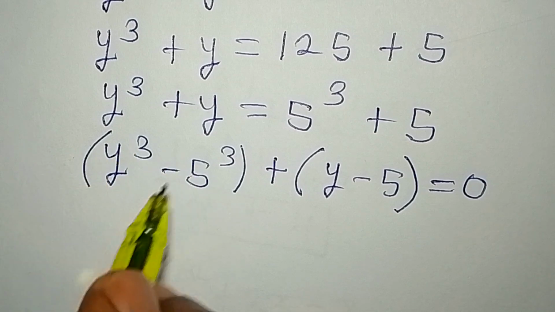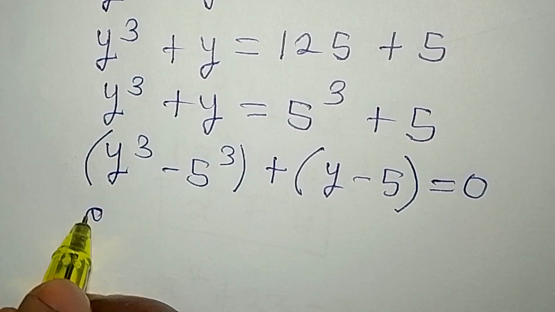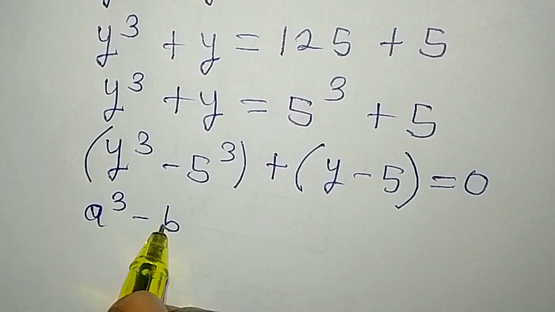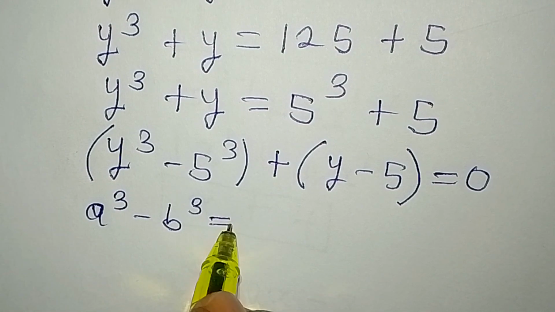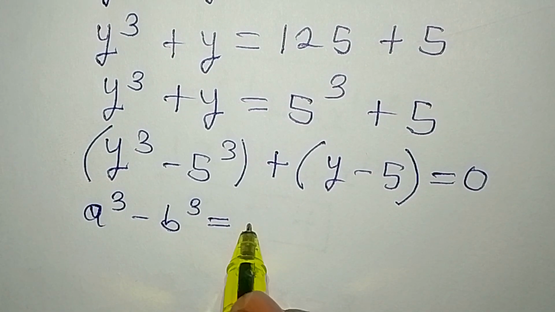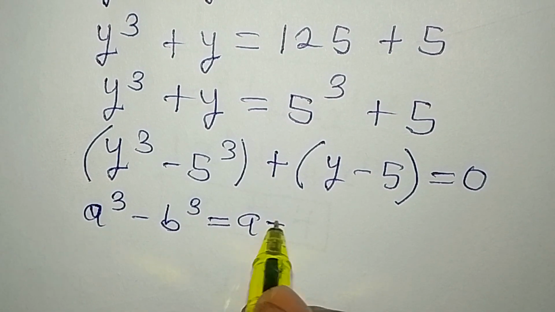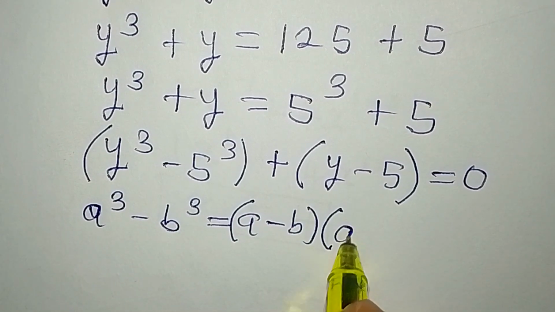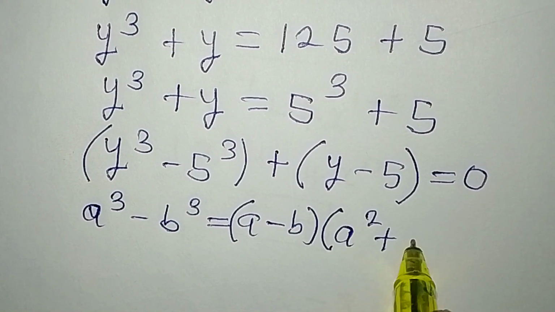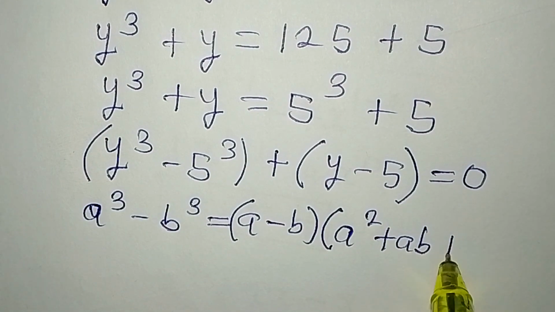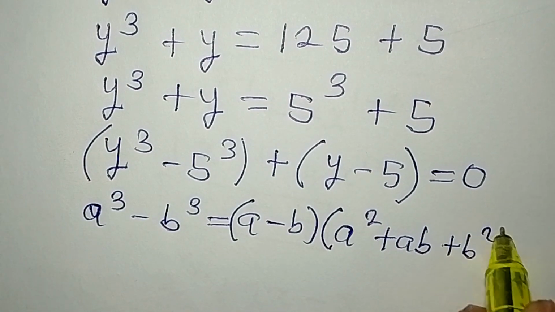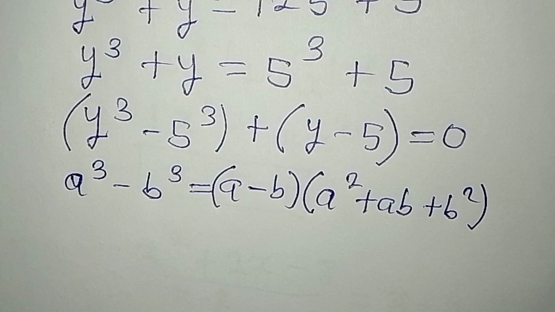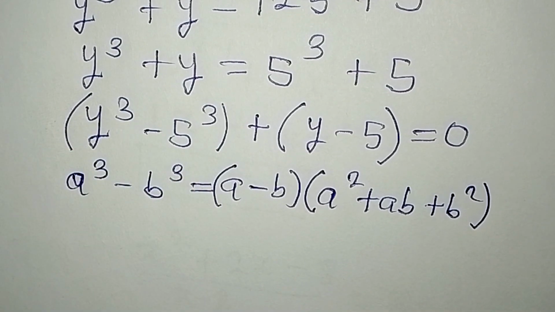Now, from the first bracket, if you have a to the power of 3 minus b to the power of 3, if you factorize this, you will be having a minus b, close the bracket. Then we have a squared plus ab, then plus b squared. Okay, so this is for what we have in the first bracket.